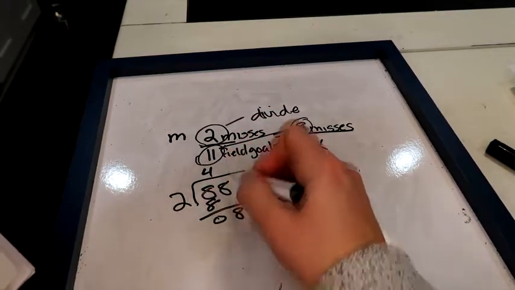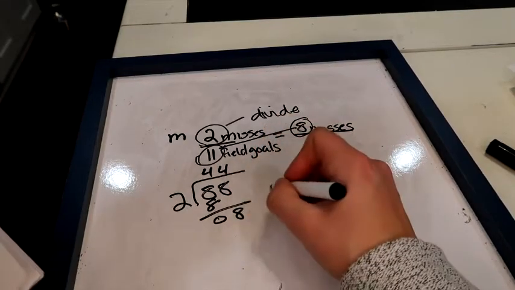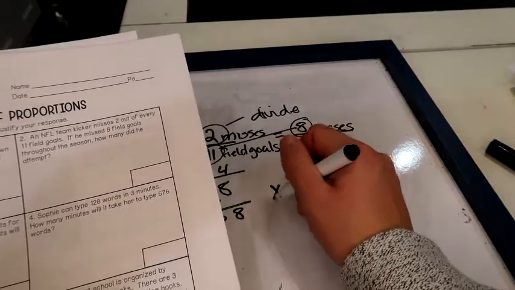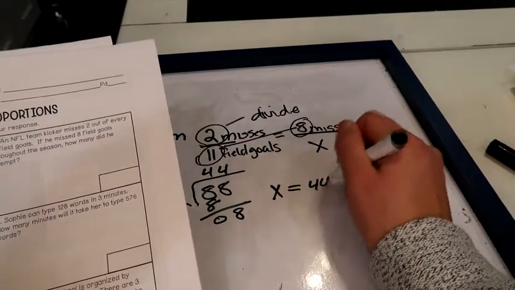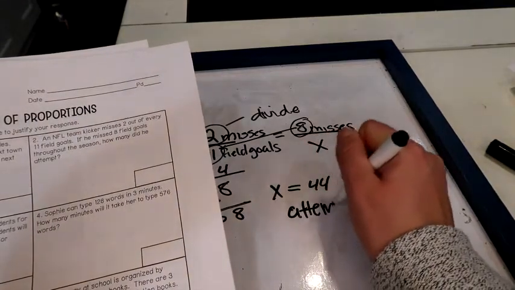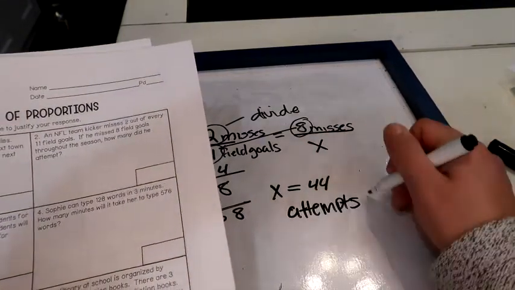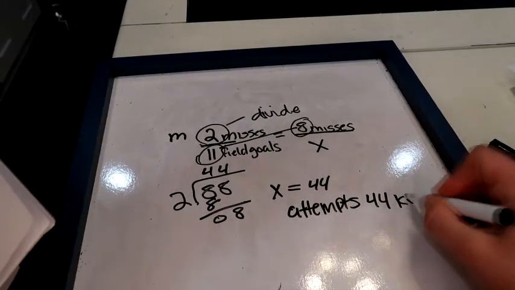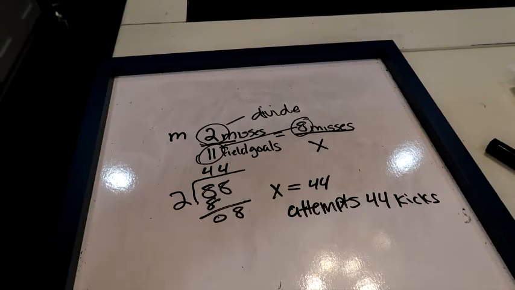Bring down your 8. 2 goes into 8 4 times. So x equals 44. So that means he attempts 44 kicks. All right.